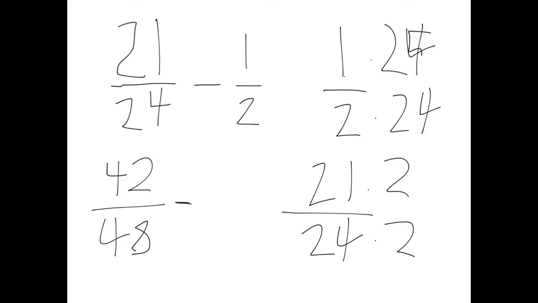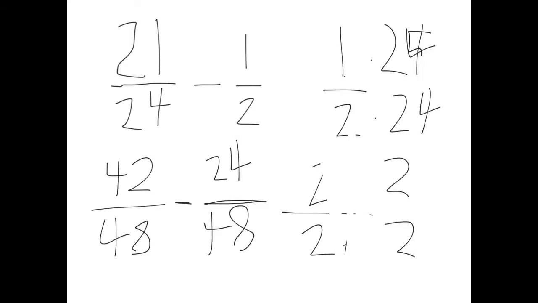minus 24 over 48. So now all we have to do is subtract. I'm going to get rid of these if I can. Yes. I just gotta get a little more space here, so I'm just gonna get rid of those. So now that is gone, I am just going to subtract.